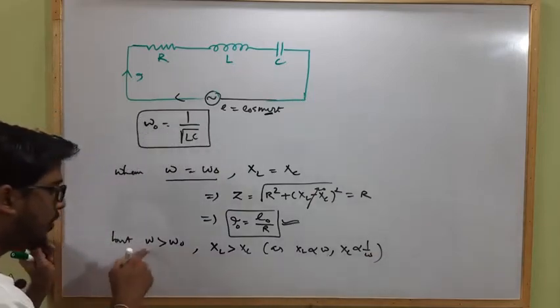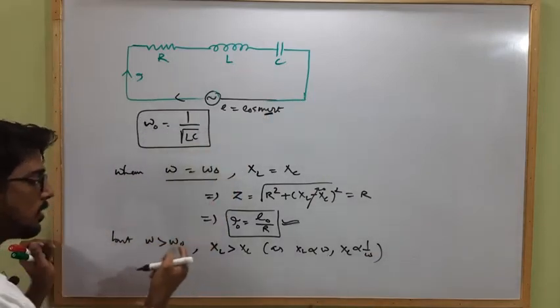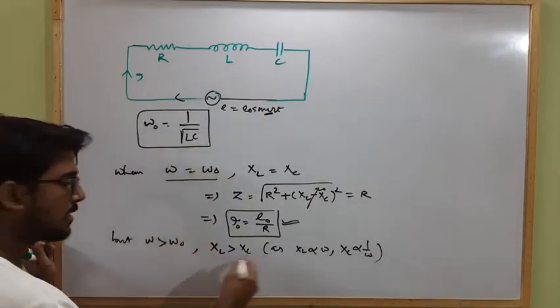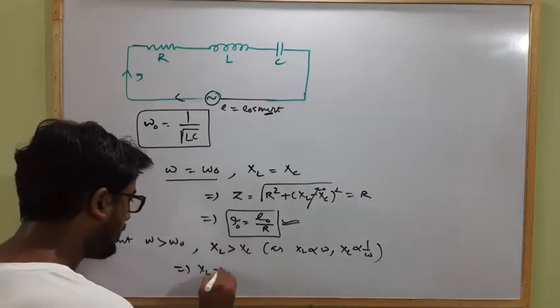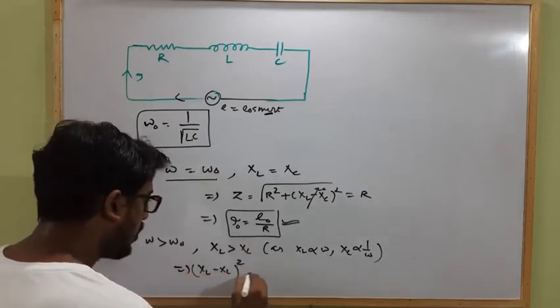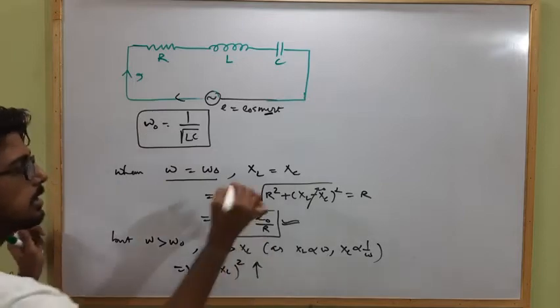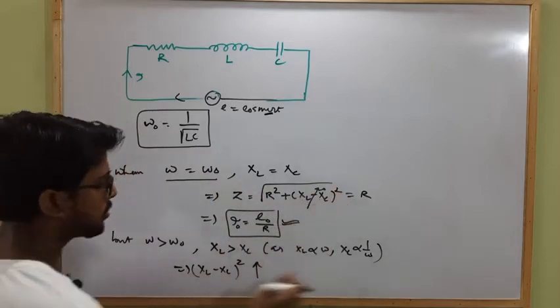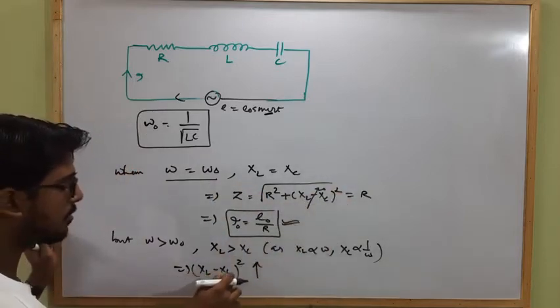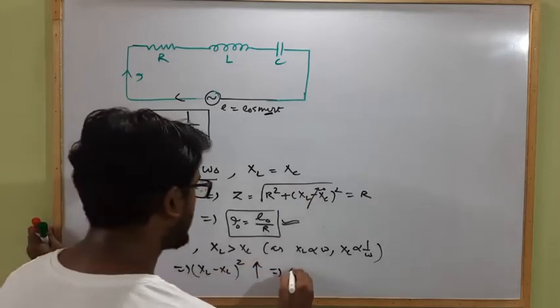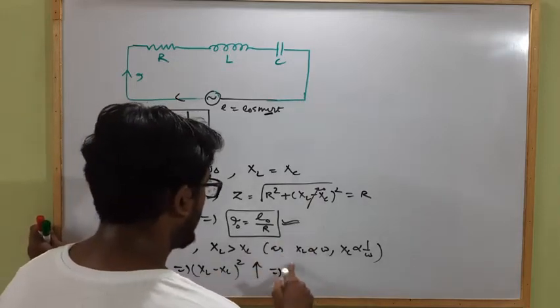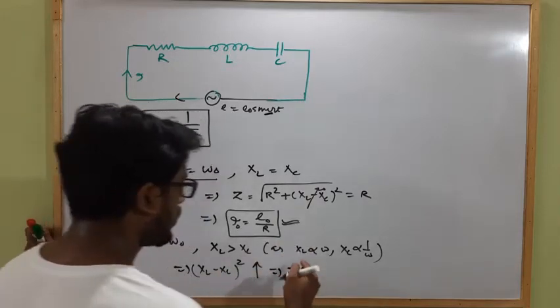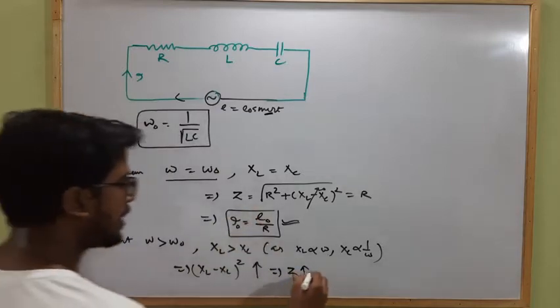So if the applied frequency is more than omega naught, then XL is greater than XC. This implies (XL minus XC) whole square will increase, because it is a square term. So if XL is greater than XC, (XL minus XC) square will increase. This implies Z will increase. And if Z increases, I will decrease.